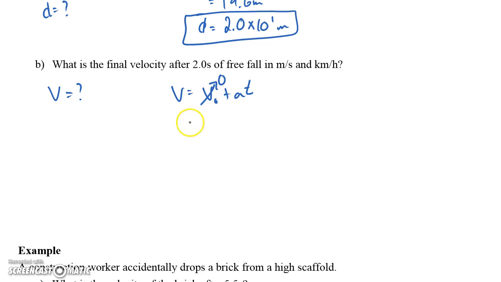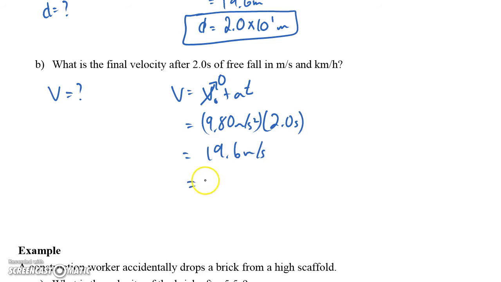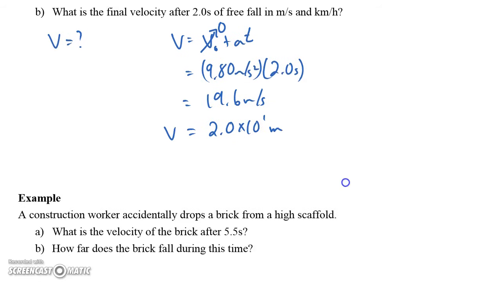Again, V naught is 0, so it's just 9.80 meters per second squared times 2.0 seconds, which is 19.6 meters per second out of our calculator. And again, V will have to be 2.0 times 10 to the 1 because we have 2 sig figs and we can't have 20 because that would only have 1. So 2.0 times 10 to the 1 meters per second.